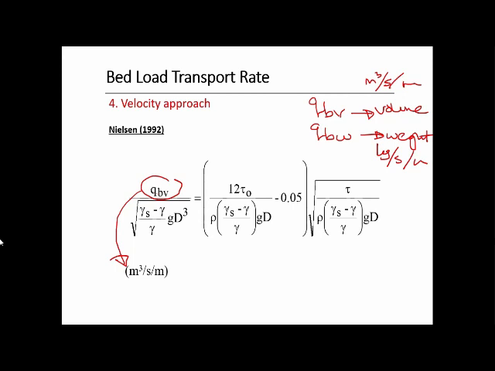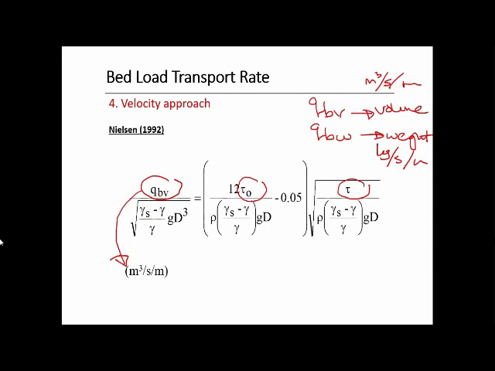So for the velocity approach, it is a very direct solution here. But actually, I was wondering why they call it the velocity approach, because there is no function of velocity in these equations. What I see here is actually related to the bed shear stress, and this tau and this tau are similar, but maybe there is something, I don't know.